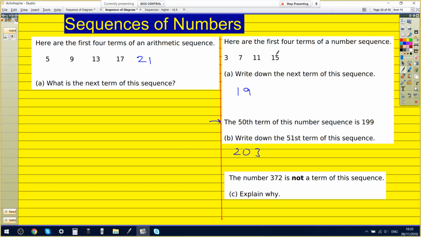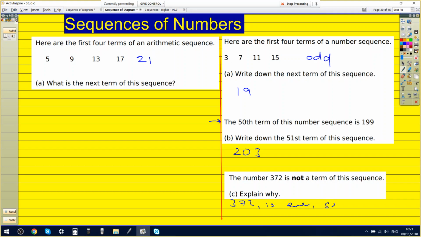What do all the numbers in the sequence have in common? No. Prime numbers? Simpler than that. I'm not sure. So up here, they're all odd numbers. So why is this number not in the sequence? Because it's even. Yeah. 372 is even.